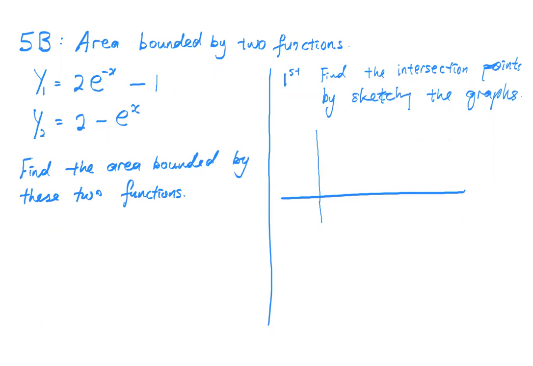Okay. So your Y1 will go like that. This is your Y1, am I right? And your Y2 goes like this. Okay, let me check the second intersection point.